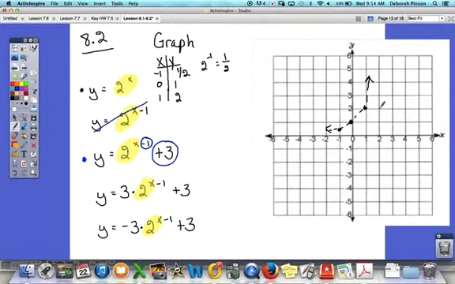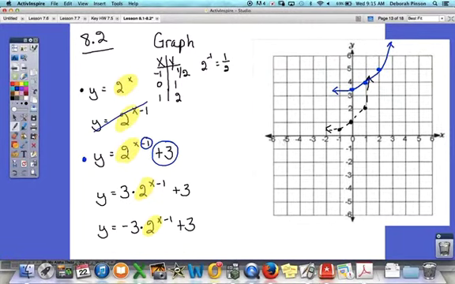So I'm going to move over 1, up 3. Over 1, I'm going to do that with all 3 of my points here. Over 1, up 3. And here is my graph. Now, I didn't make it quite probably as steep as I should have here, but see how I just took that and moved it over and up?